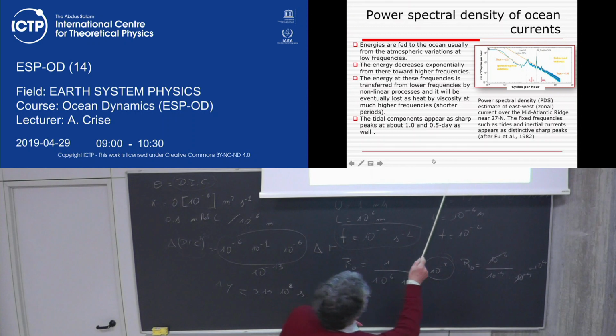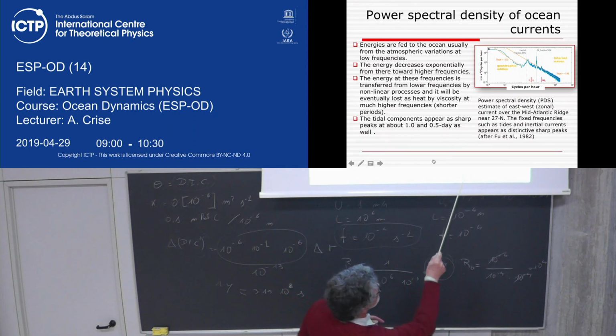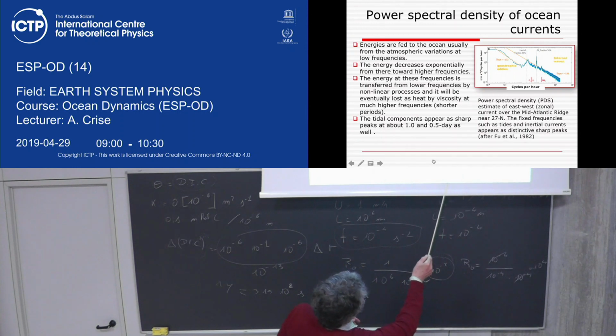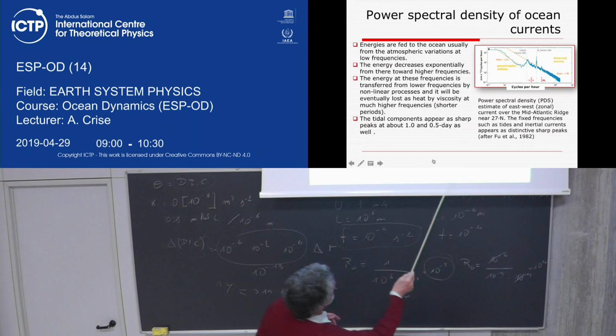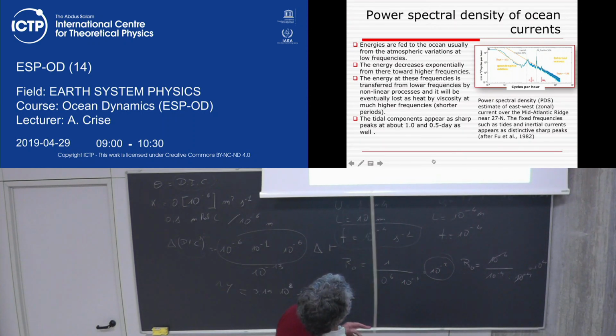You can see here also some spikes connected to some tidal components. The M2, the semi-diurnal, is quite evident here. But for the rest, it is again a cascade of internal waves, broadband covering all the cycles.